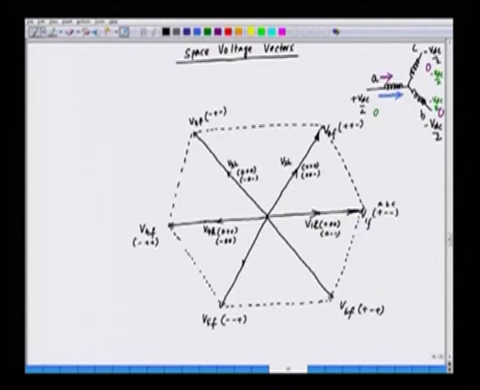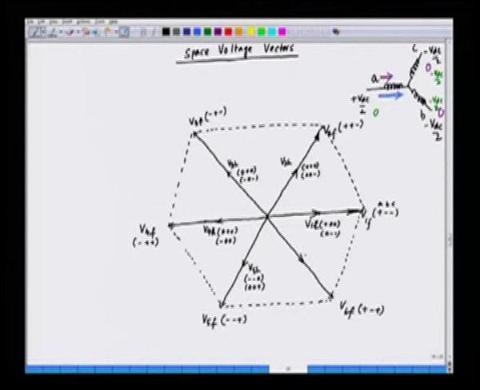Similarly, we can have a half voltage vector here, V5H, and that is possible by applying minus 0 or 0 plus, and we can have the sixth half voltage vector here, half of that.